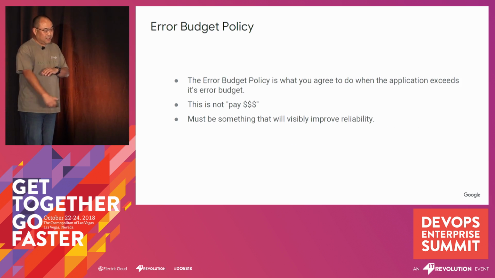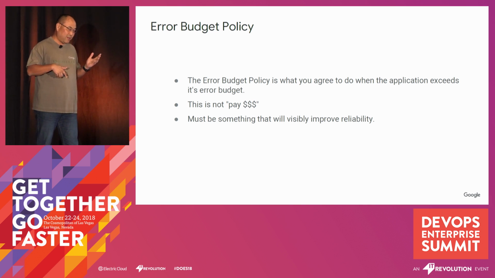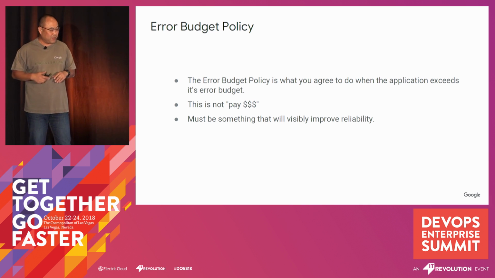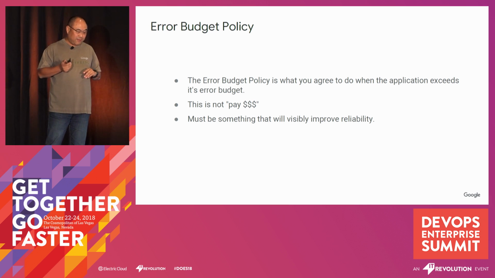So what's the policy? Here I gave an example on how we define it. Different teams on different services inside Google define this differently. These are just examples, to give you a taste. The goal is that we want to have a visible improvement on reliability.